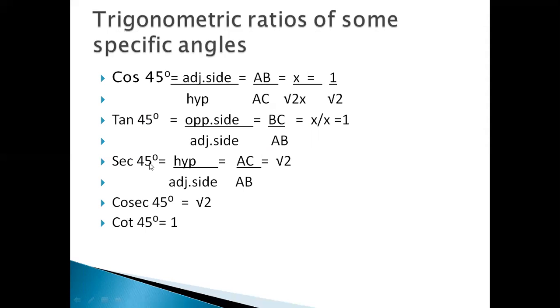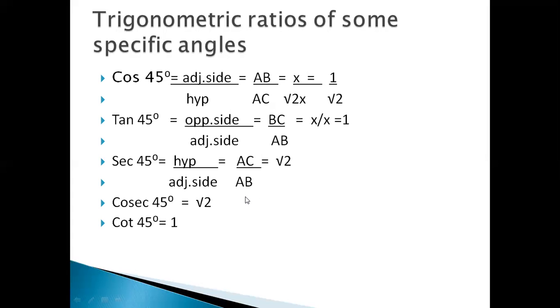Now secant 45. Secant is the multiplicative inverse of cos. We got the cos value as 1 by root 2. So what is the multiplicative inverse of 1 by root 2? Root 2 by 1. So secant 45 is root 2 by 1. Similarly, cosecant 45 is also root 2 by 1, because cos and sine values for 45 degrees are the same. So similarly, cosecant and secant values for 45 degrees are also the same, root 2 and root 2.